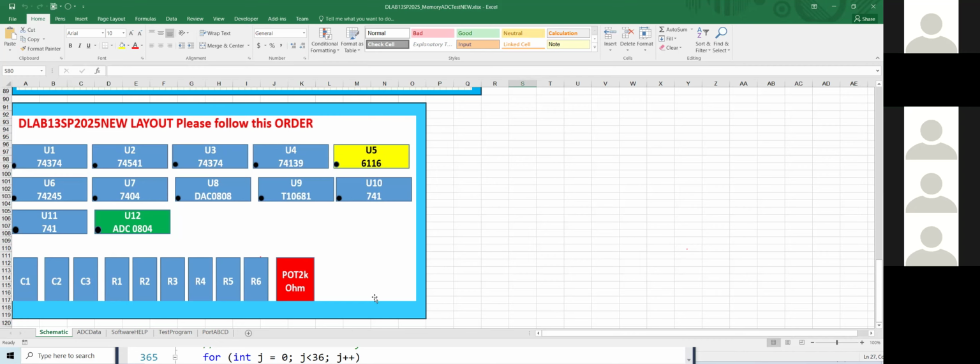Why? Because in the future, the next lab will be almost the same. However, the circuitry for ADDA will not change. So you don't have to rebuild it again. You only build this part over here.